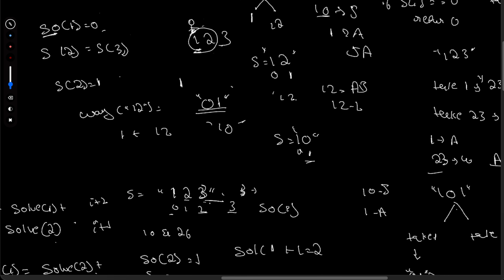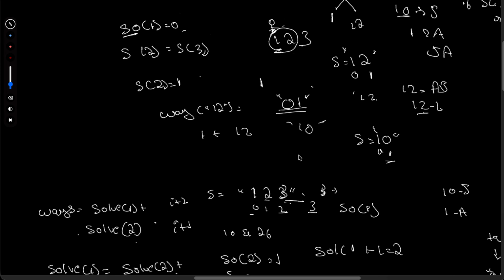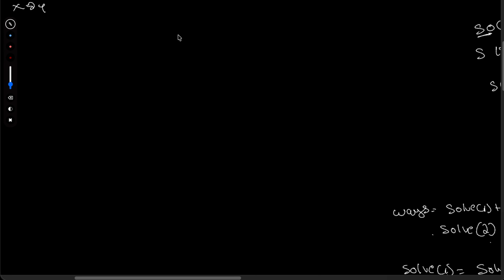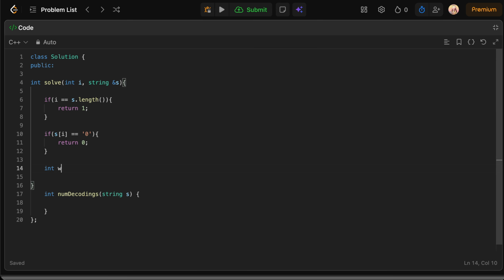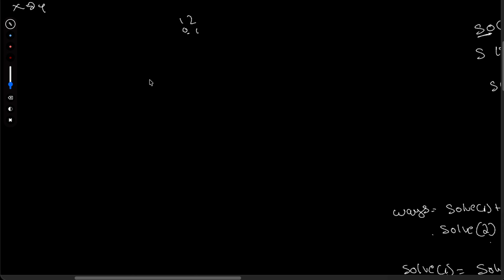Let's make a clean page. So we have 12 0 1. At index 0 we have two choices. From index 0 in 12, take 1, then move to index 1.